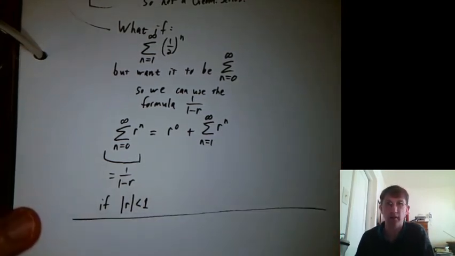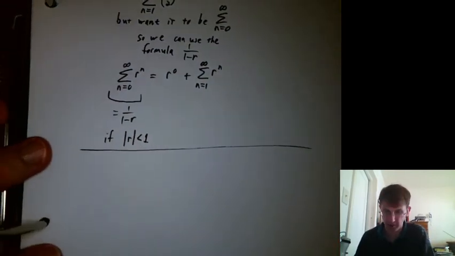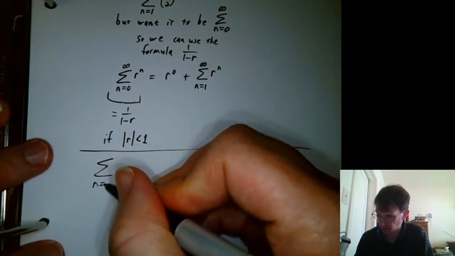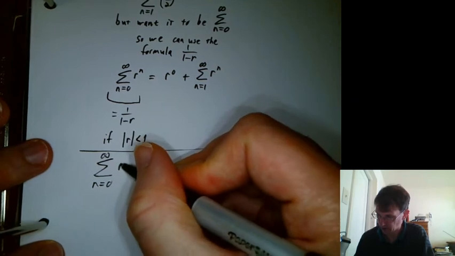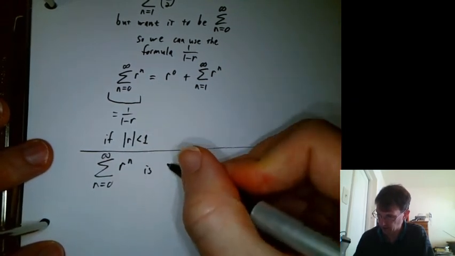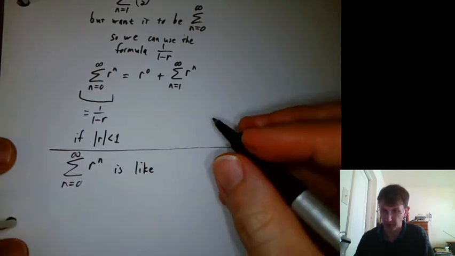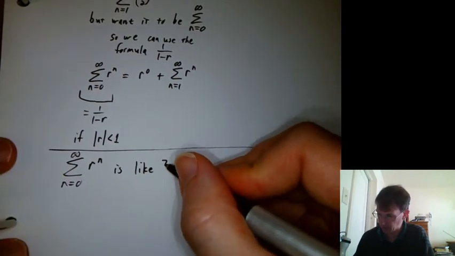Let's take another kind of big picture look at the geometric series. So let's write the geometric series, n equals 0 to infinity r to the n. Which formula from the continuous world is this like?